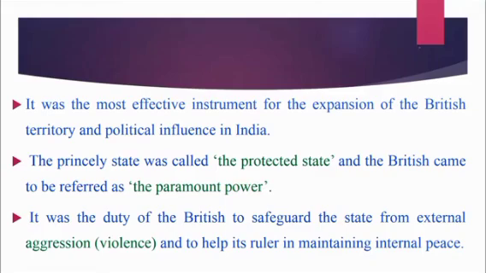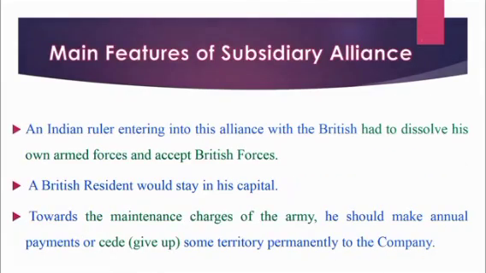It was the duty of the British to safeguard the state from external aggression. Here aggression refers to violence, and to help its ruler in maintaining internal peace. Next, we are going to see the main features of subsidiary alliance.